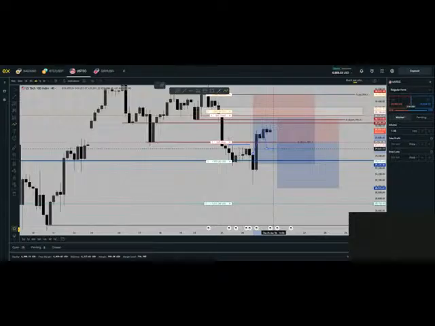Fill the gap, push up like this, or reach this area, resist as I expect, and start pulling back, because I wanted price to reach this particular level, this particular price.